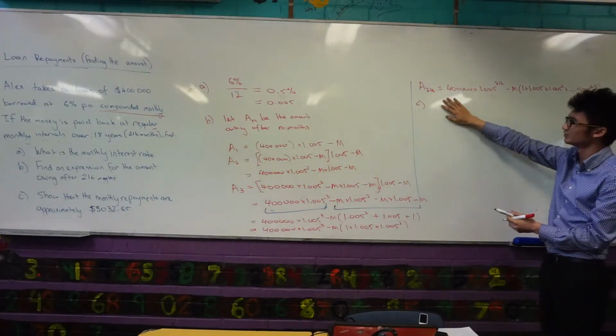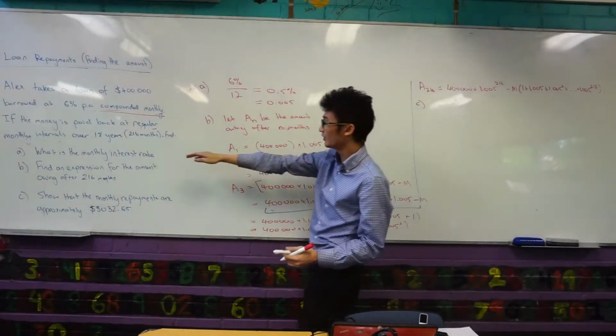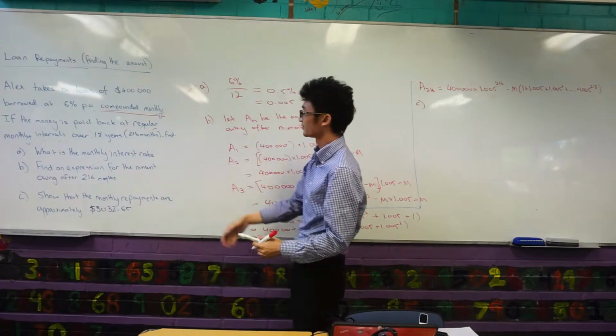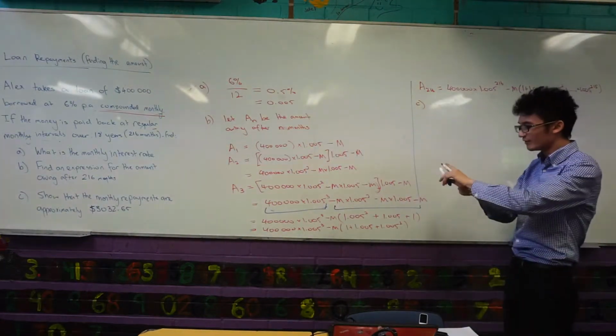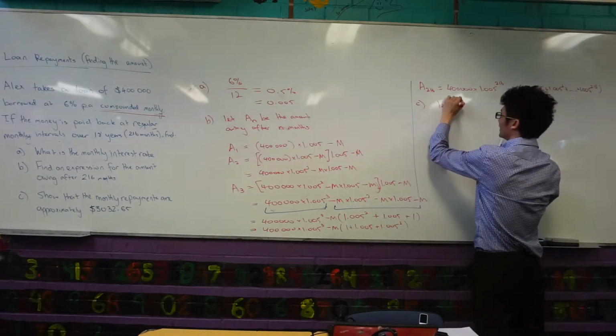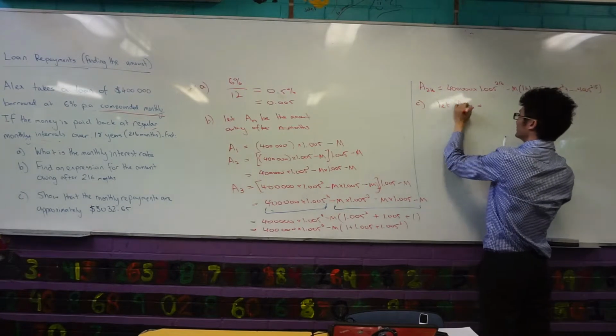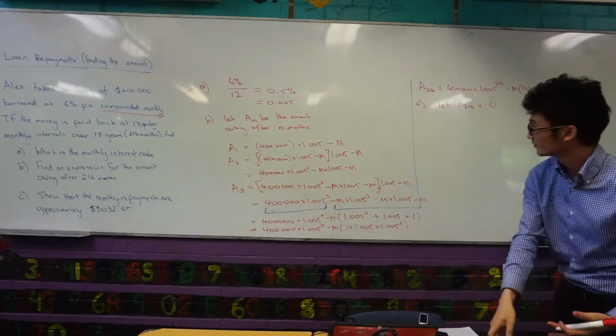What this allows me to do is, in the situation where I've actually repaid the whole thing after the 216 months, what would the amount owing be? Well, if I've repaid the whole thing, the amount owing would just be 0. So I would say, let A 216 equal to 0, because that's the situation where I've repaid the whole thing.